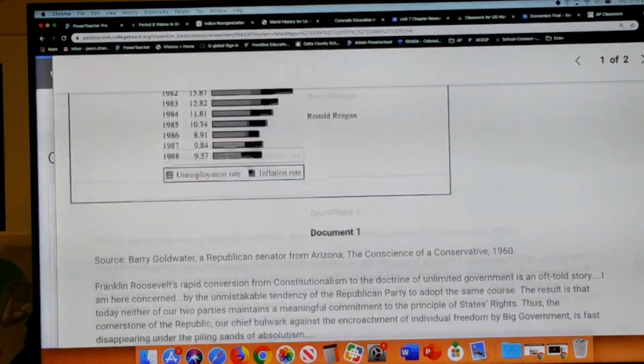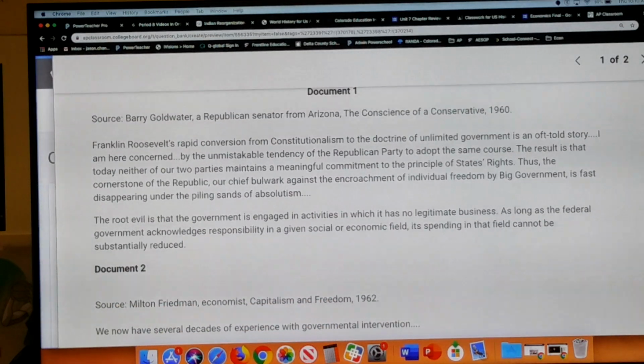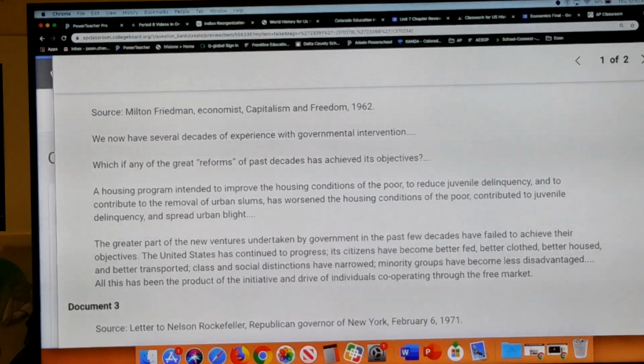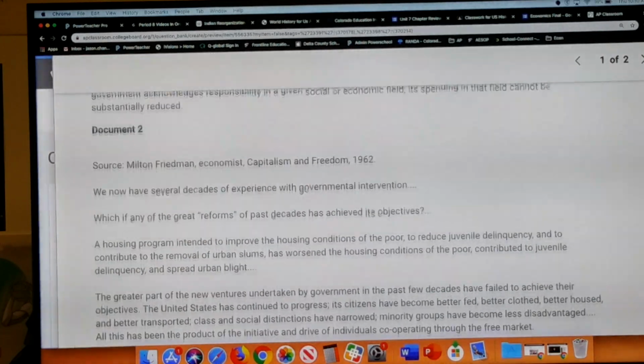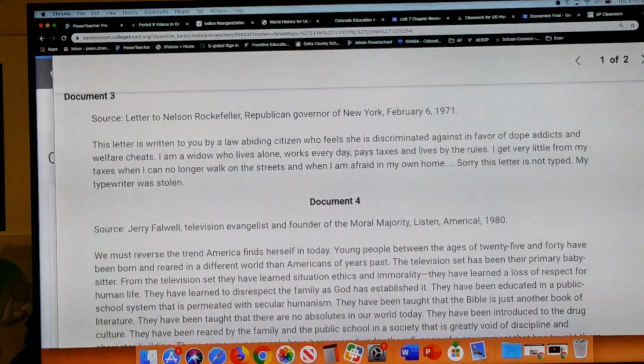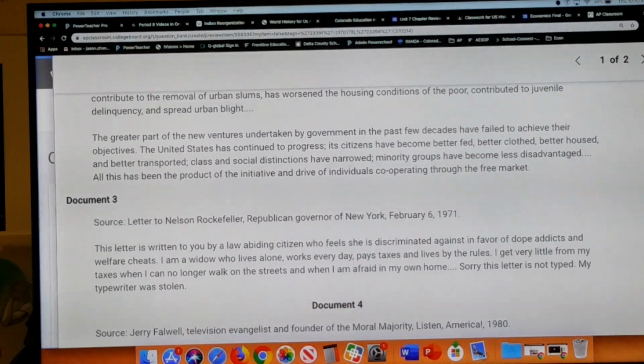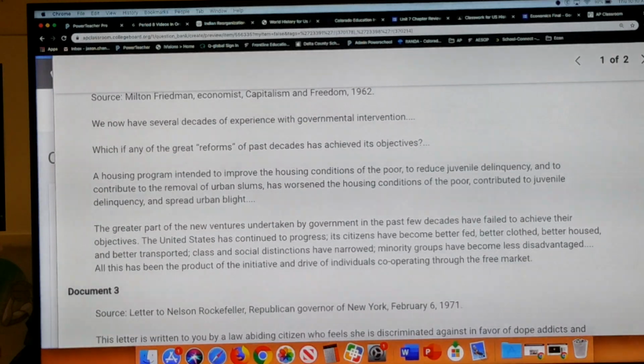Or you could say that people like Barry Goldwater rose to prominence, very, very conservative people, and people like Milton Friedman as well. One big one that both Friedman and this letter to Rockefeller underscore is that there were issues in the inner cities.